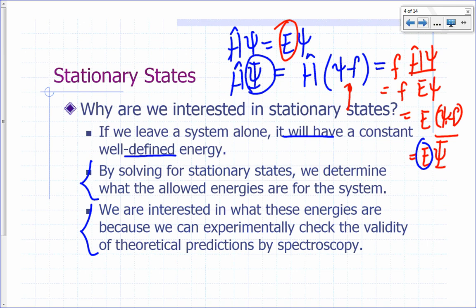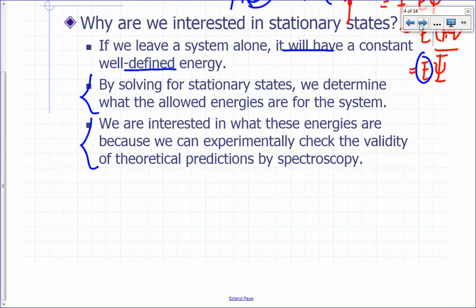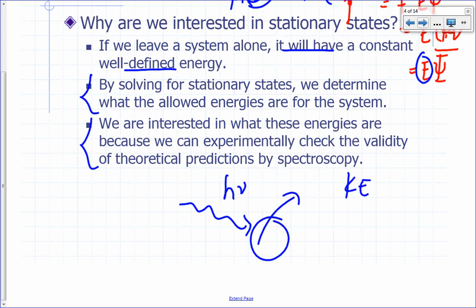In addition to spectroscopy, you can also verify this against measurements of the ionization energy. If you were to shine a photon on an atom, the energy you need to remove an electron is called the ionization energy. h nu is the energy of the photon, and the kinetic energy of the electron you can measure, just like in the photoelectric effect.